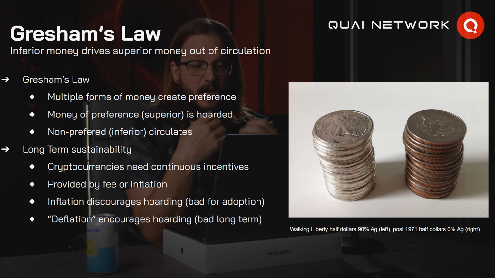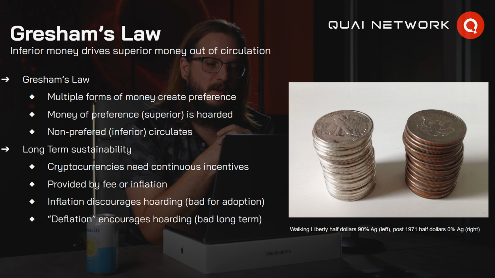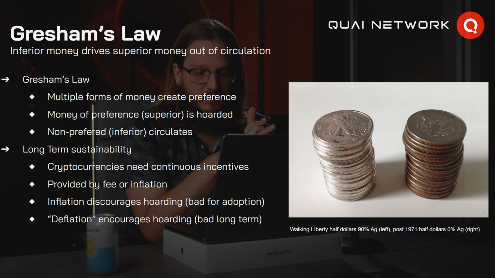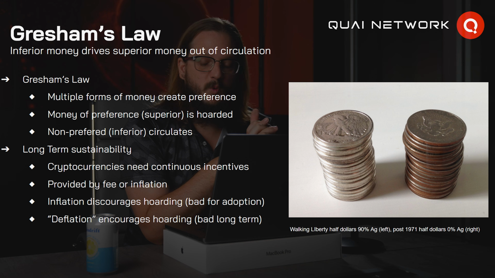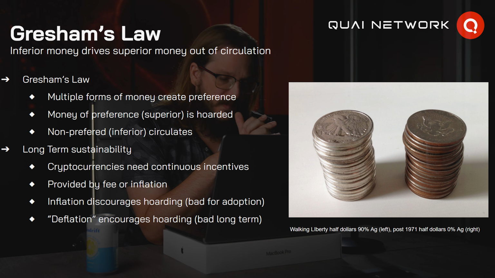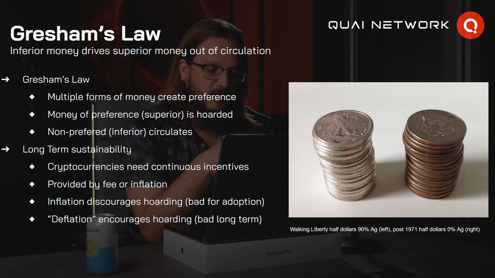So this is a phenomenon of Gresham's law: the superior form of money, the one that has an intrinsic value in its construction, silver in this case, will go out of circulation and be hoarded. And the inferior form of money, in this example the copper-nickel composite, will circulate. This has happened time and time again within society.